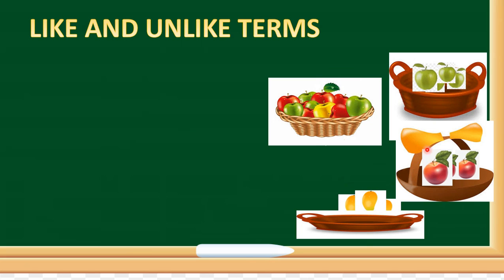So you arranged all three baskets with the same fruit. Here it is the mango, here the red apple and here the green apple. Though they are all fruits, you separated them according to their name. In the same way we have to separate the terms also.